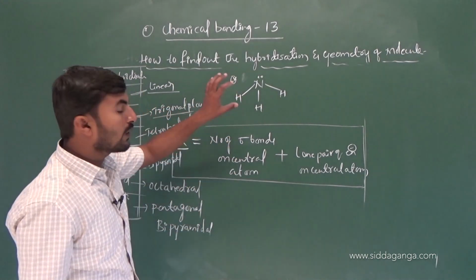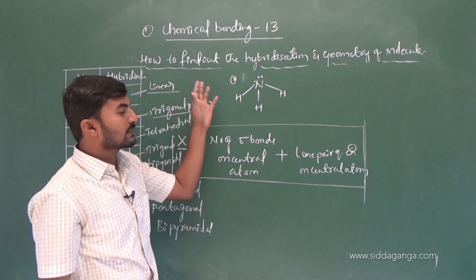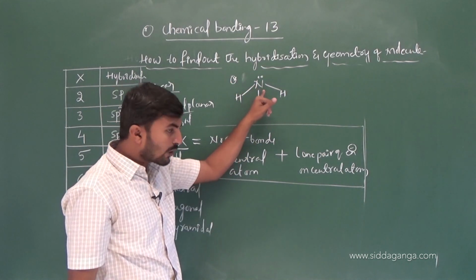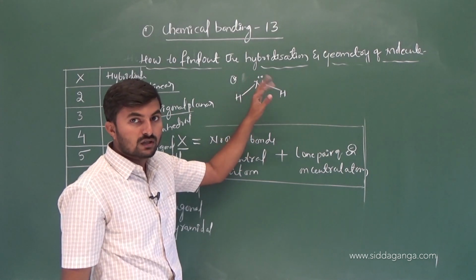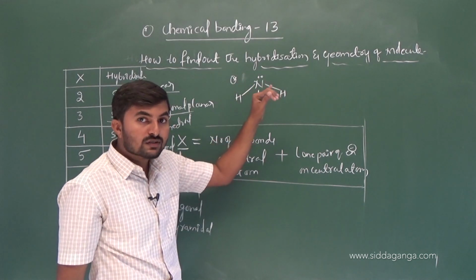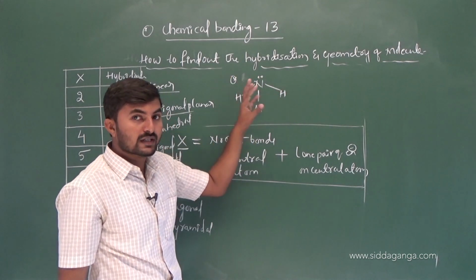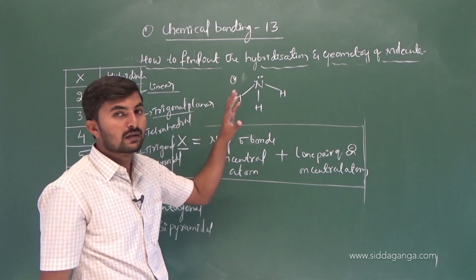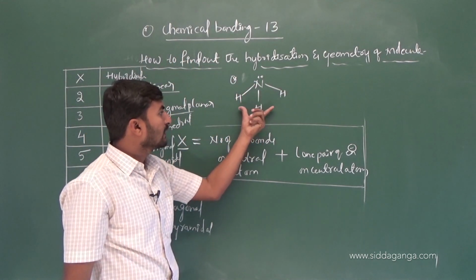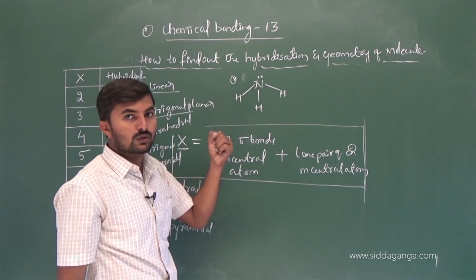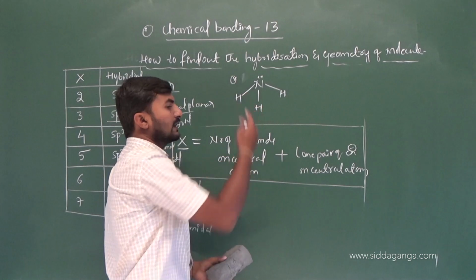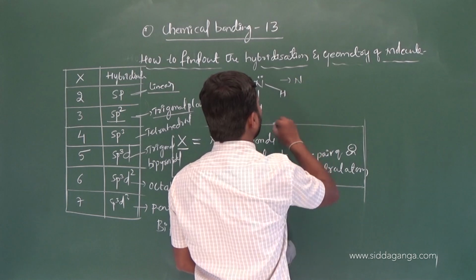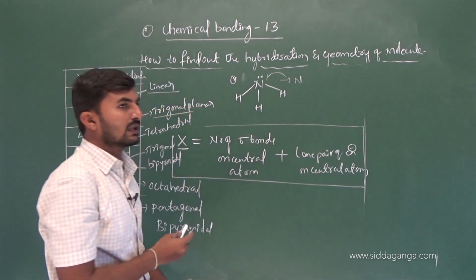As we already know how to write the structure of the molecule in the concept of Lewis and Kossel's structure, how many sigma bonds, pi bonds, single bonds, or double bonds are present between any two atoms, we have explained in the Lewis and Kossel concept. Based upon that, we need to write the structure of the molecule. We have got the structure of the NH3 molecule. They ask for the hybridization of nitrogen in the NH3 molecule.